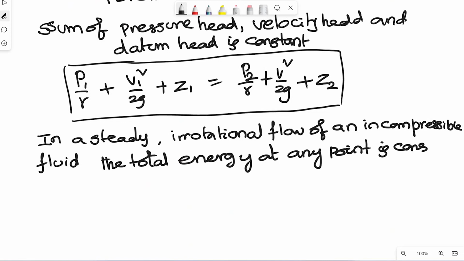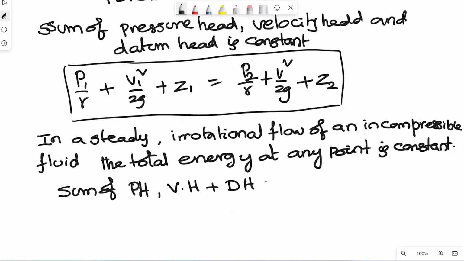What is the total energy? Total energy means the sum of pressure head, velocity head plus datum head is constant.